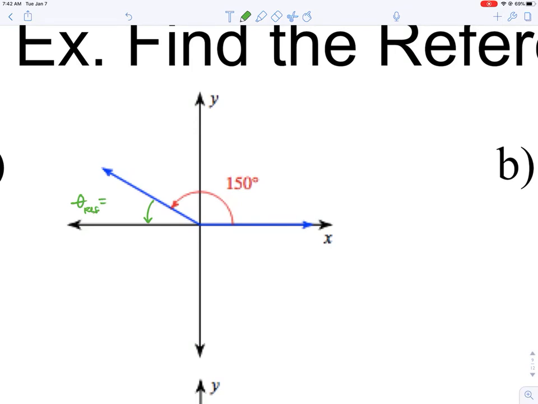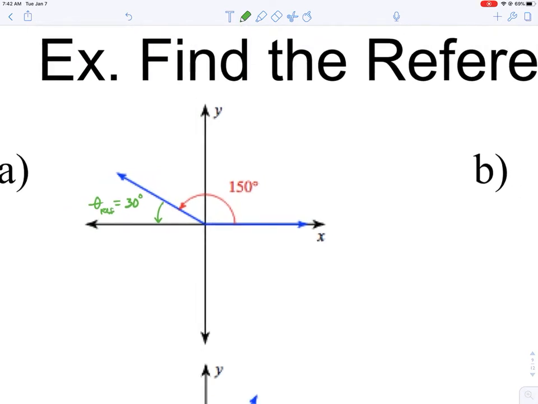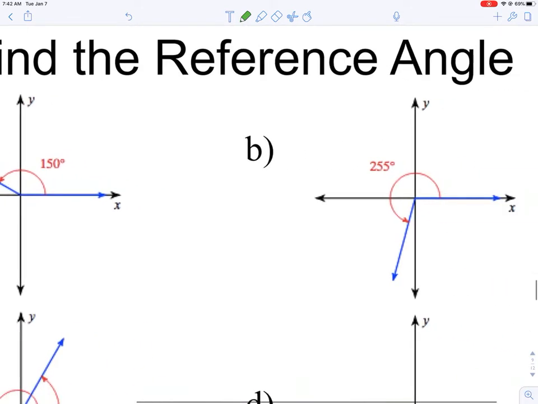To find theta ref in this case, you can either just by inspection see, okay, well, that angle is going to end up being 30 degrees, or you can think about it, that's 180 degrees minus 150 degrees to give us 30 degrees as the reference angle. It has to be an acute angle, meaning an angle from quadrant 1. So there's our reference angle.